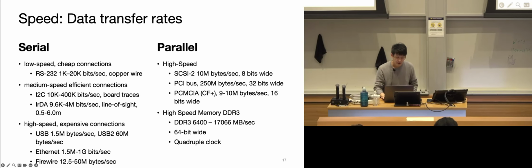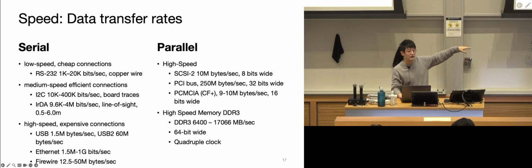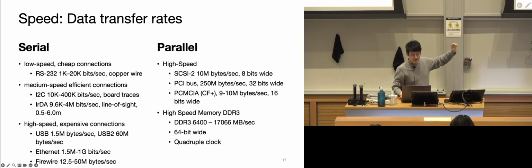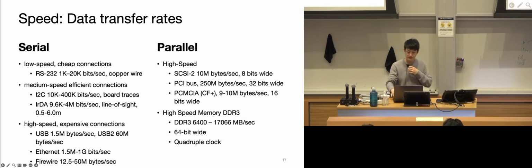For example, high-speed memory, this is also an old version now, can achieve more than 10 gigabytes per second easily. But these parallel buses are usually at very close distance to the core or to the chips they communicate with.